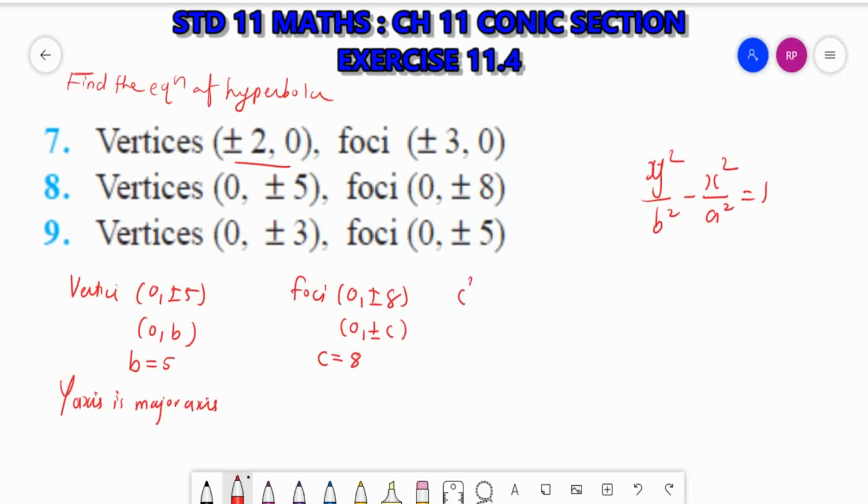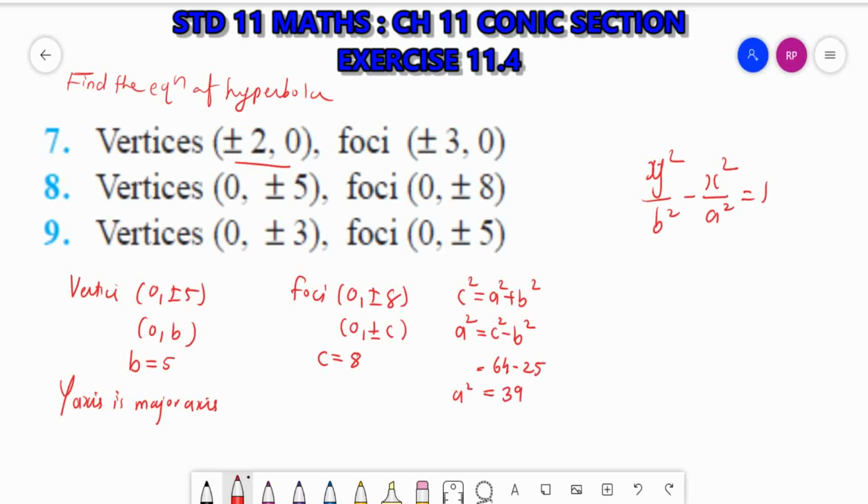So now using the equation c square equal to a square plus b square, I will get a square is equal to c square minus b square. c square, that is 8 square, 64, minus b square, that is 5 square, 25. So this will be equal to 39. So a square is 39. I got a square.